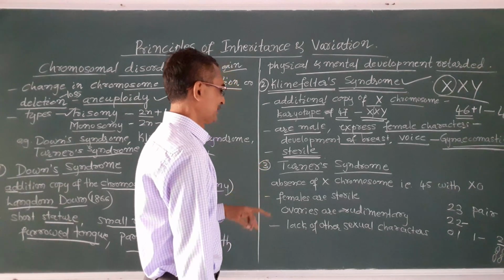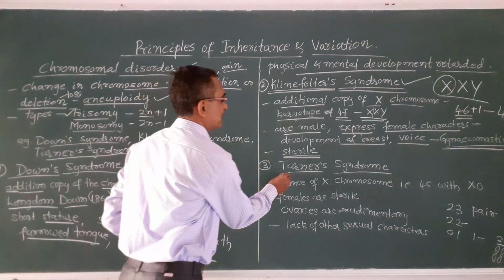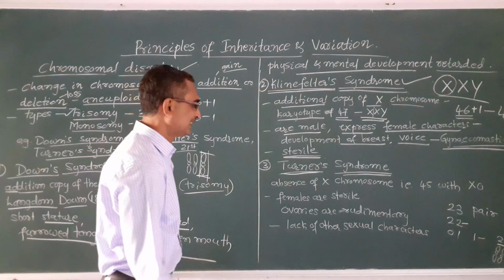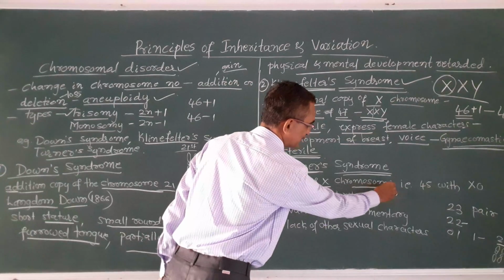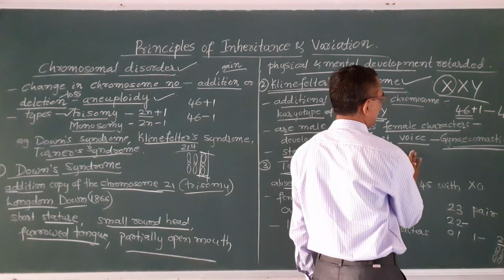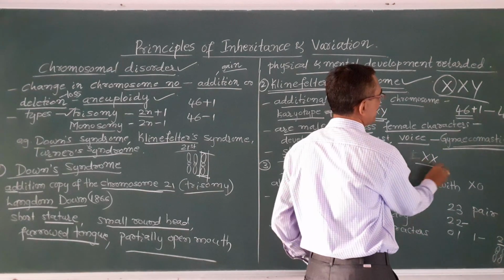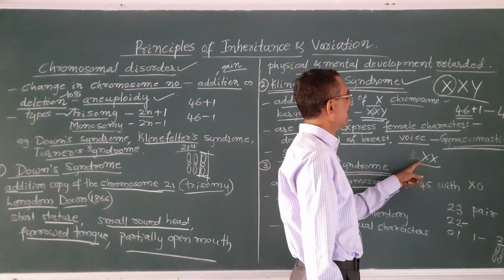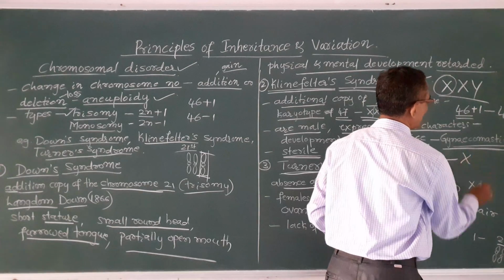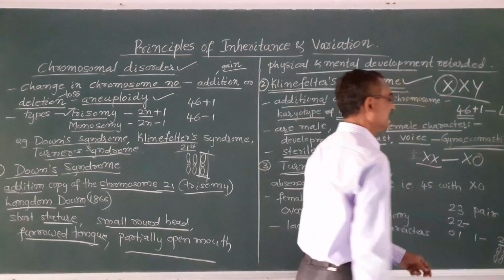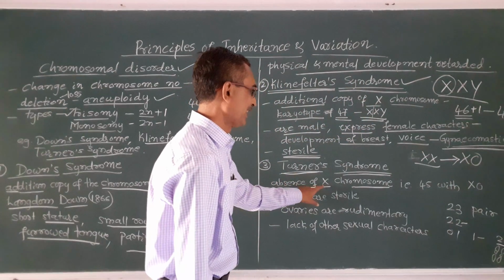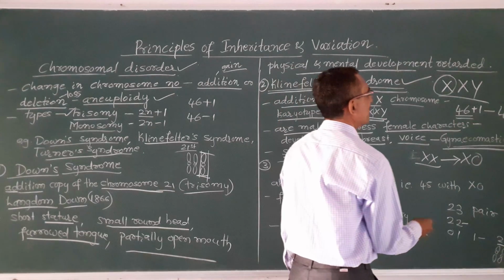The next chromosomal disorder is Turner's syndrome. What happens here in Turner syndrome? There is absence of an X chromosome. Normally females have XX, but there is absence of one X chromosome, so it becomes only X with a 0.